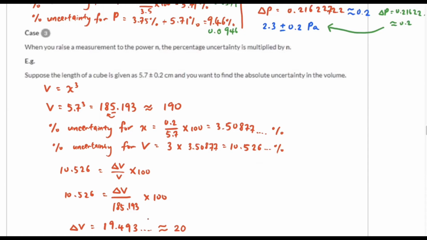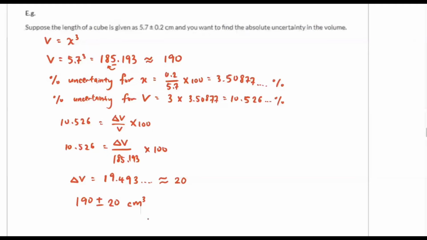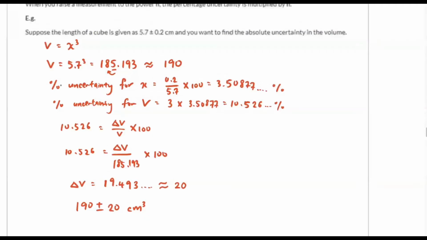Instead of using percentage, you don't want the 100, you use fractional uncertainty, then you get 0.0350877. Take this fractional uncertainty and multiply with 3, then you get 0.10526.